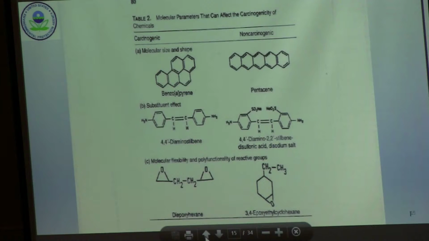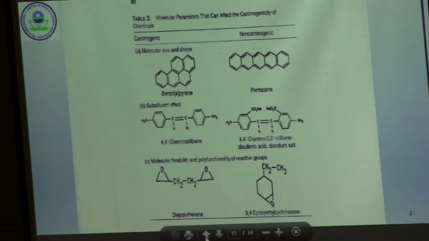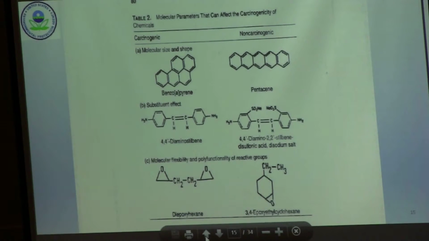And also the substituent effect: substituents can affect the solubility of the chemical. Chemicals which are highly hydrophilic or highly soluble are not readily absorbed by the oral or dermal route, and even though they are absorbed, they will be excreted rapidly, so that they are not bioavailable.